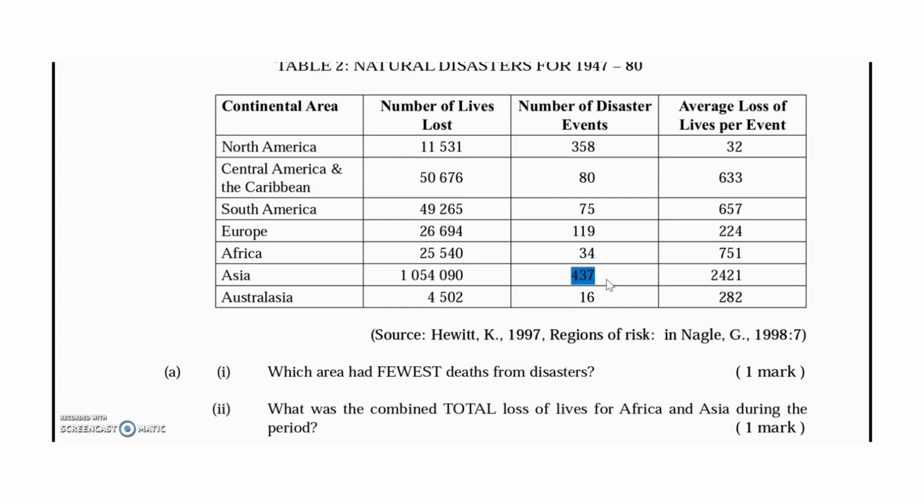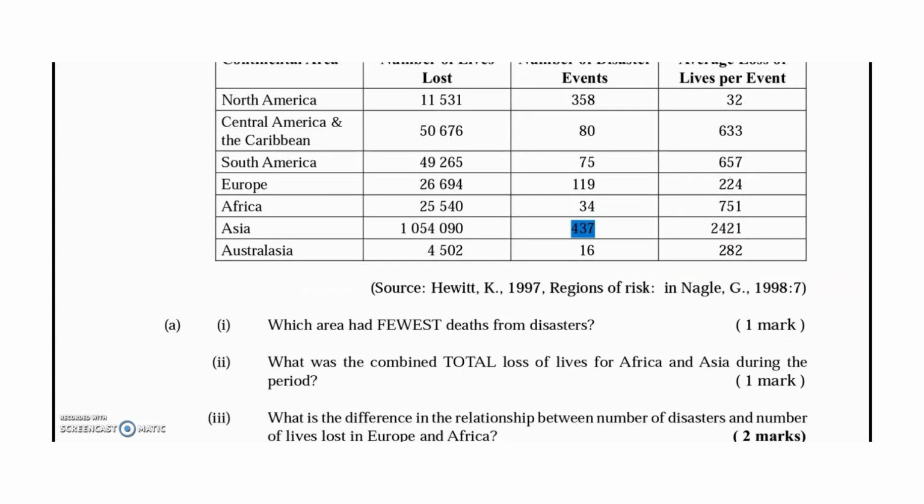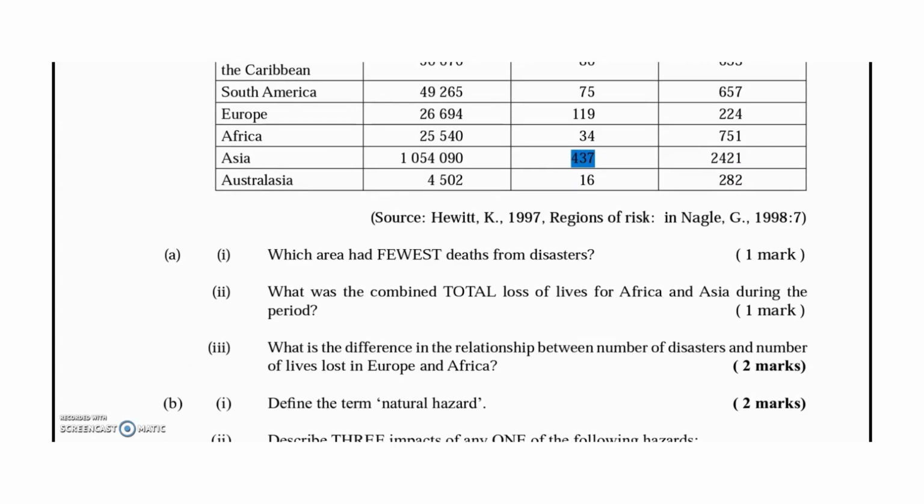So what we can see here is that Europe had a lower number of disasters and subsequently a lower number of lives lost than Asia. Asia actually had a higher value in terms of the number of lives lost as well as the number of disaster events. Pretty straightforward, not rocket science there.